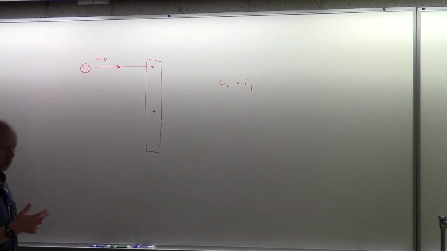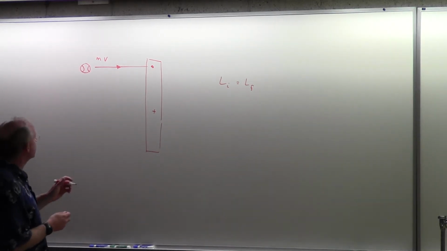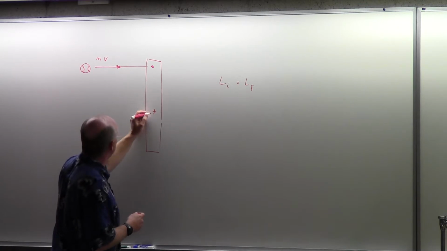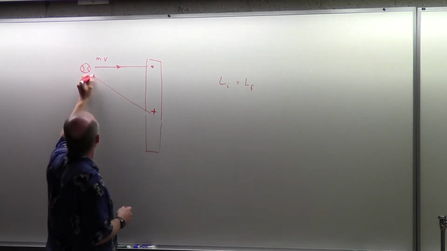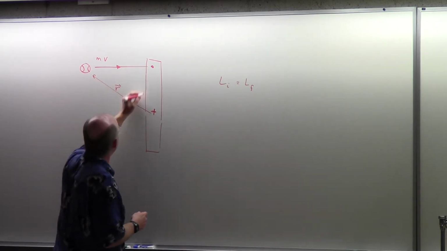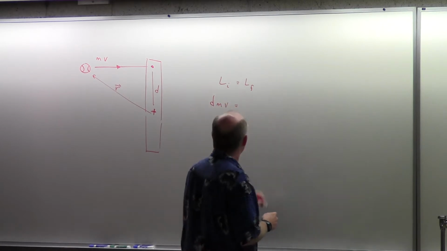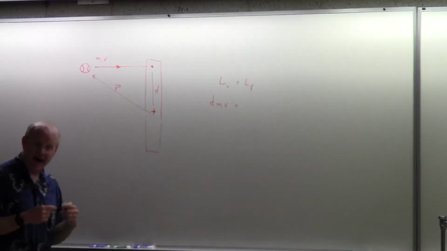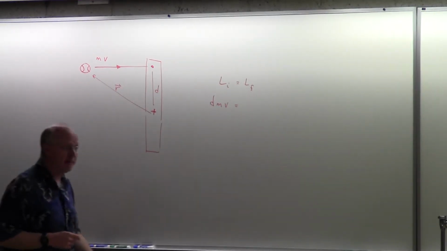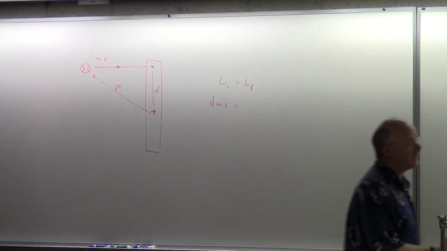And of course we left class with the idea that if this is your calculation for calculating your angular momentum, and that this distance is d, then we came up with dmv for the amount of angular momentum of an object going in a straight line.